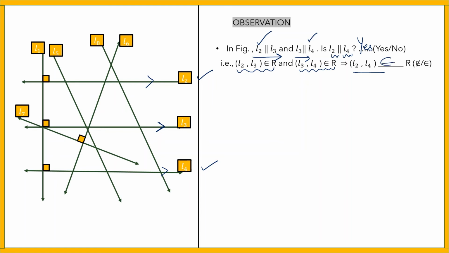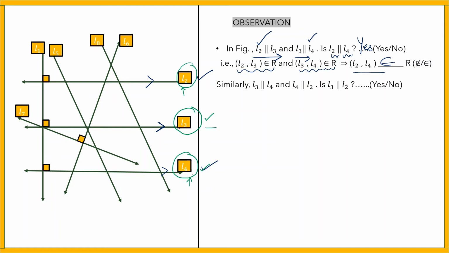Now let us take one more example. If L3 and L4 are parallel and L4 is parallel to L2, can you say that L3 and L2 are parallel?